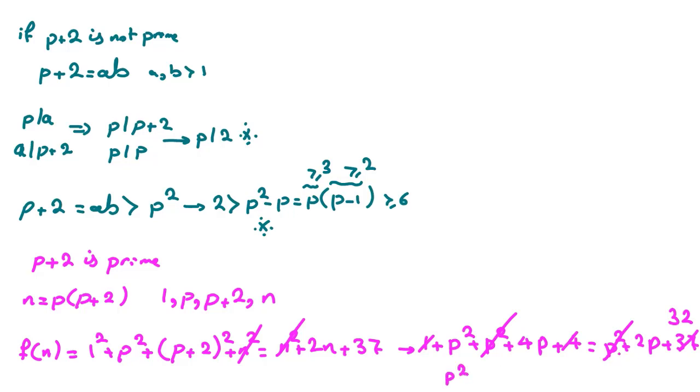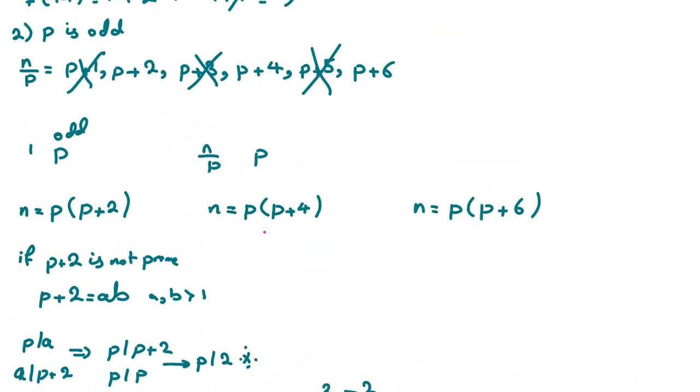We can subtract 2p from both sides, plus 2p equals 32. Okay, so p times p plus 2 is 32, or n equals 32. But it's not possible. Why? Because n is a product of two different primes, p and p plus 2, but 32 is 2 to the 5. So here we reached a contradiction.